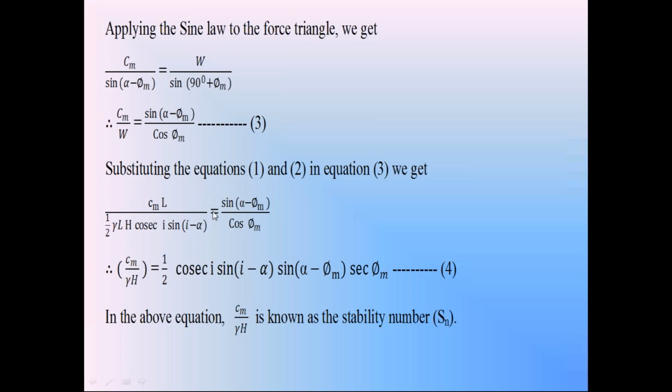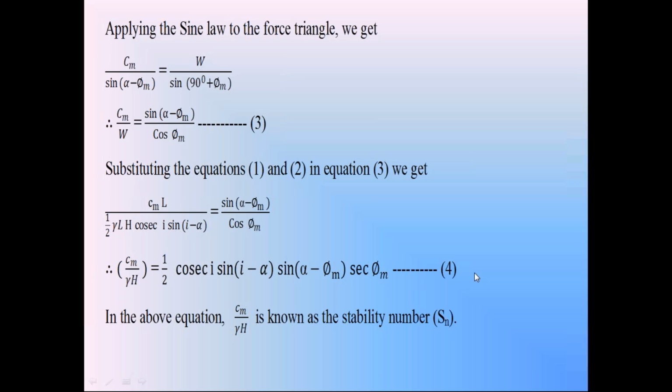So in Kalman's procedure, we got this small cm by gamma h equation. Small cm is the mobilized cohesion per unit length, gamma is the unit weight of soil, and H is the height of the soil slope. Cm by gamma h is equal to half into cosecant i into sine i minus alpha into sine alpha minus phi m into secant phi m.